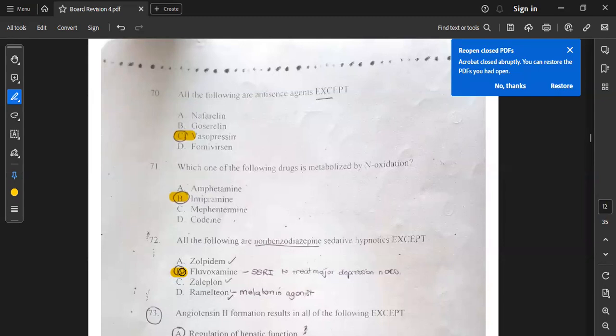Everyone is shouting on the chat box, insomnia, insomnia, insomnia. Yeah. What about fluvoxamine? Liz is saying it can be used for the treatment of obsessive compulsive disorder. Yeah.